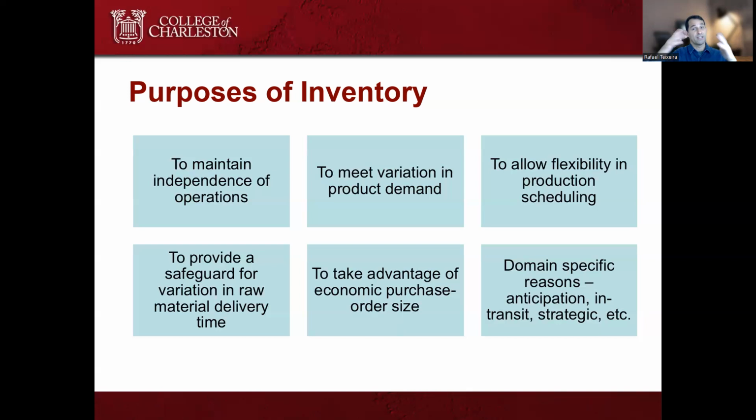Big orders tend to decrease the unitary cost because of these incentives that suppliers give. So then, if the company buys too much, they're going to build inventory. Domain-specific reasons, for example, anticipation of something that's going to happen, then companies buy a lot before the price goes up, or in transit because it's going to take too long, or any other strategic reasons.